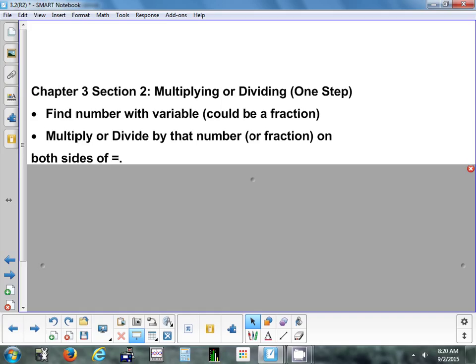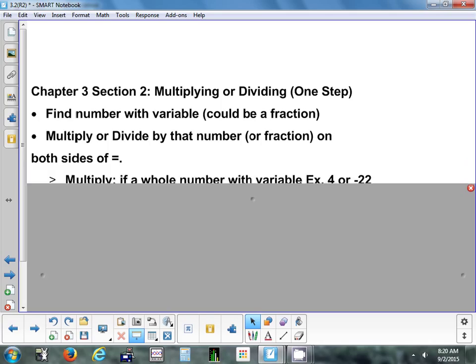And guys, what's that number attached to the variable called again? Sam? Coefficient. Yeah, coefficient. If you don't know that, as long as you know that you have to divide by or multiply by the number that's attached to the variable. Very important.